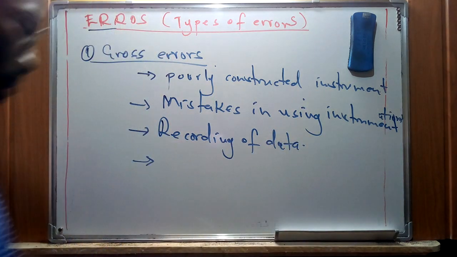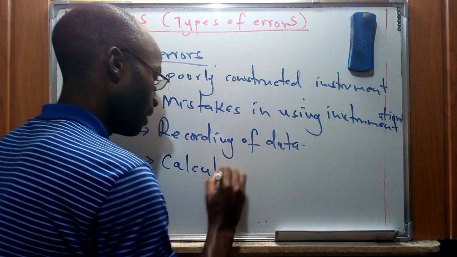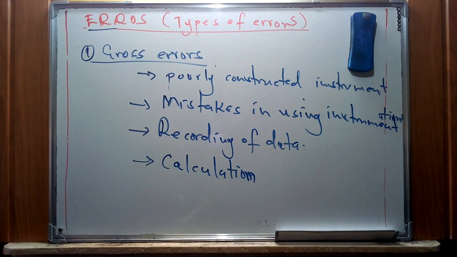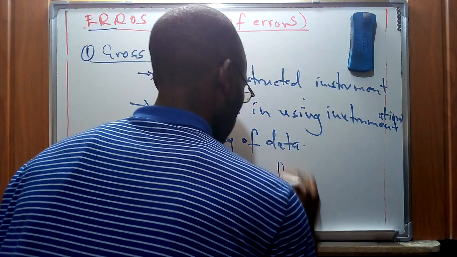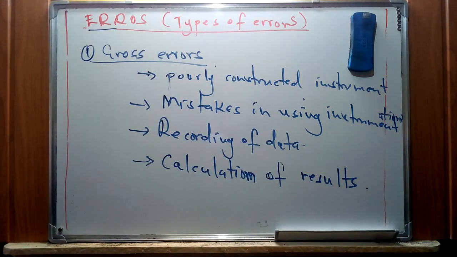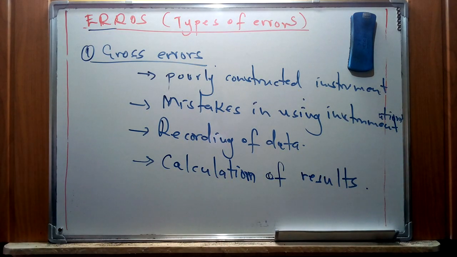And then we are going to see, among others, the calculation of this specific data, or trying to analyze it, the calculation of a result, finding results in these specific measurements. In the process, there can be a chance for making these errors.